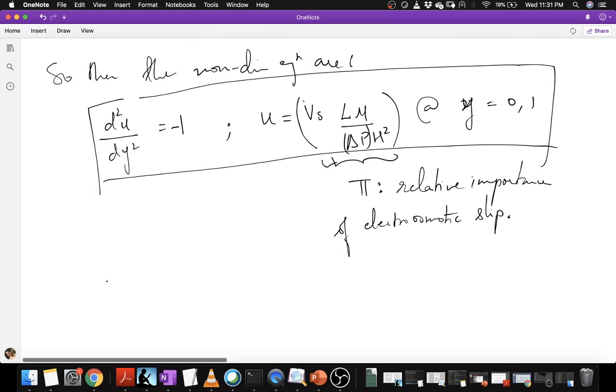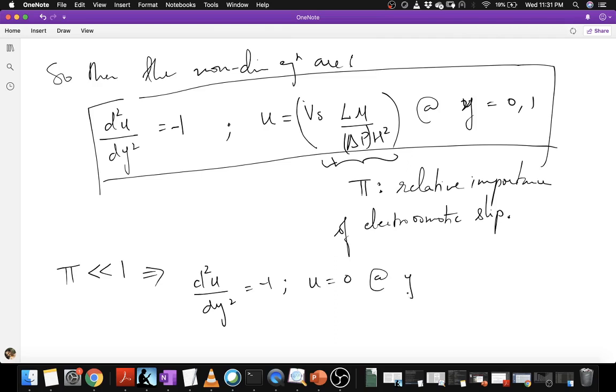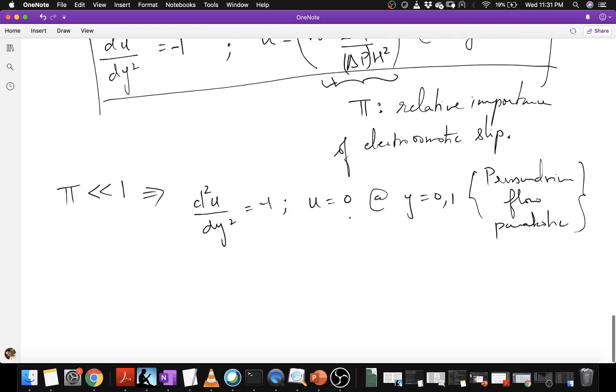Well, because if I now say that pi is much less than 1, then I can solve a simplified problem with u equal to 0 at y equal to 0 comma 1, and this is simply pure pressure driven flow with a parabolic velocity profile. This is the problem that you would have solved previously. So it's flow where one completely neglects this electro-osmotic flow.